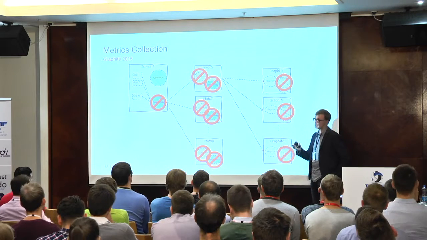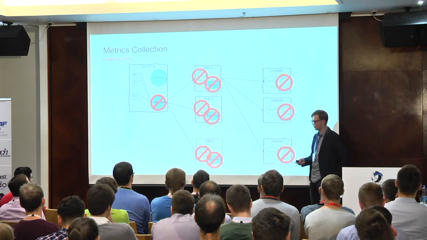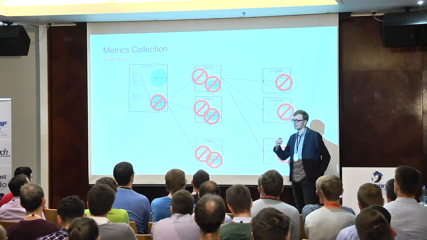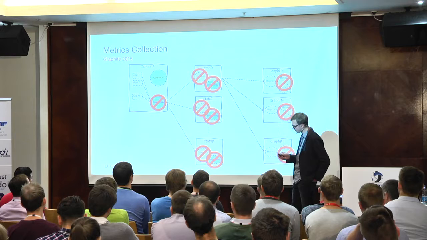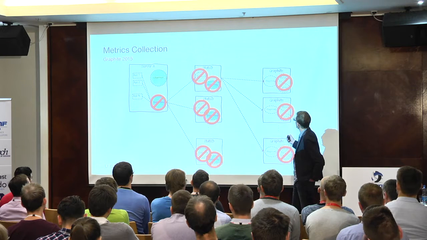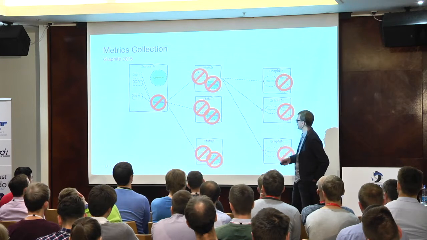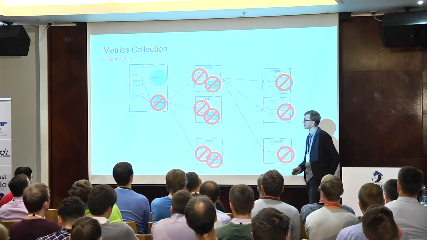So we added more servers in the middle, again the same process. Even though we tried to over-provision really hard, we didn't succeed. We had problems with Graphite services running on one core, and everything was kind of on fire.